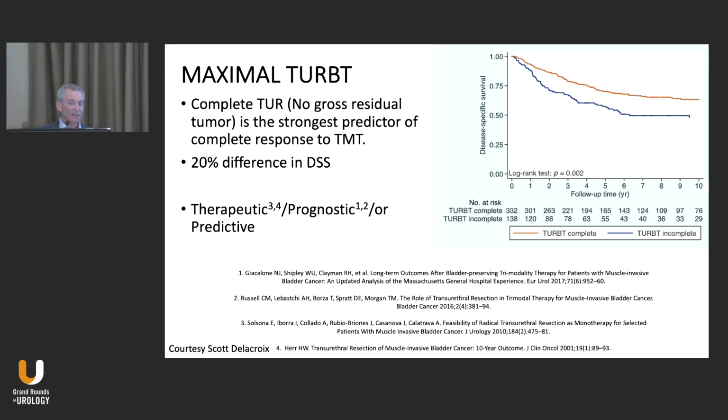But quite frankly, that could be driven by tumor size, could be driven by hydronephrosis. There's a lot of other factors in there. But if you're contemplating bladder preservation, chemoradiation therapy, or even palliative radiation, really consider doing a maximal TURBT, and it could potentially even involve a second trip back to the OR just to make sure that you've got it where you want.